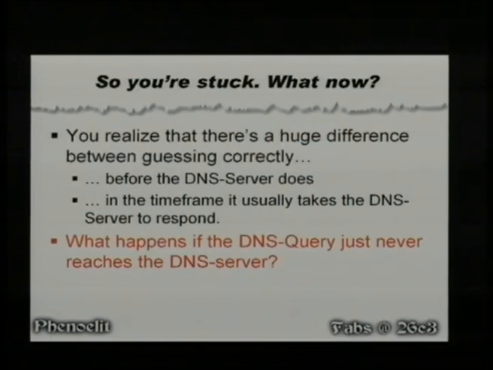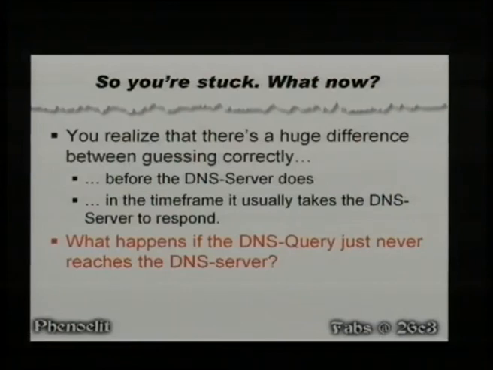So you're stuck. It's right before Christmas and you're stuck. But then you realize that there's a huge difference between guessing correctly before the DNS server does and guessing correctly in the time frame it would normally take the DNS server to respond. Because who tells us that the DNS query will actually reach the DNS server?